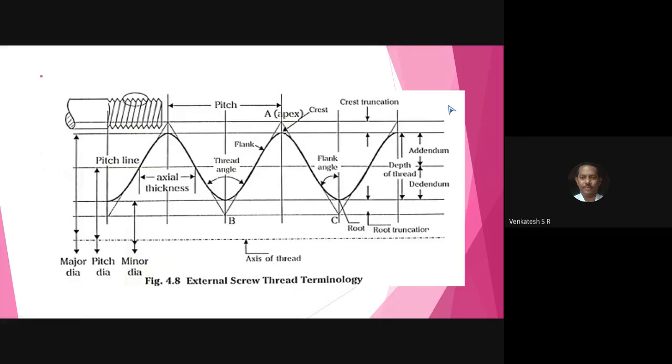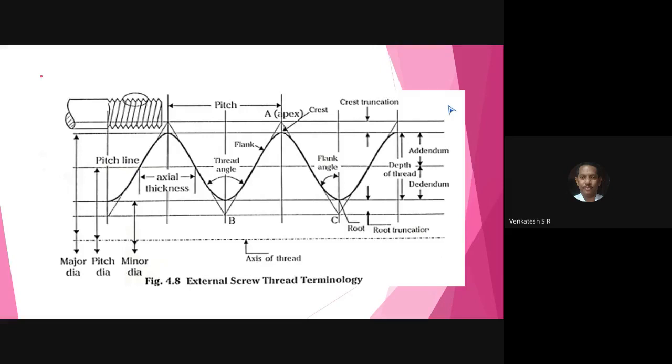So there will be a crest, that is known as a sharp edge or crest.